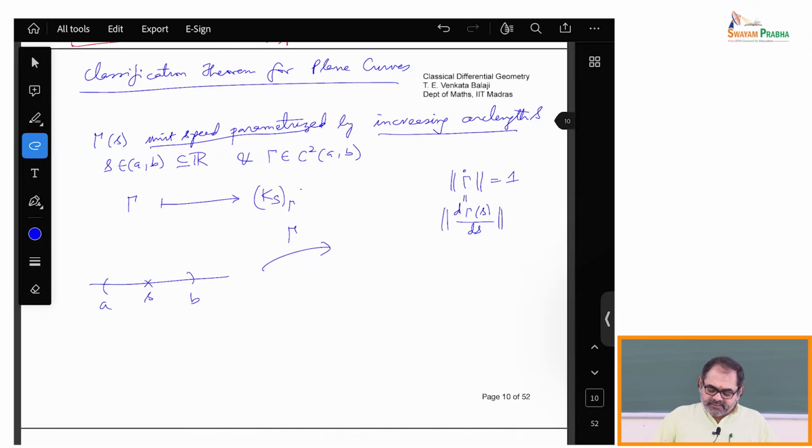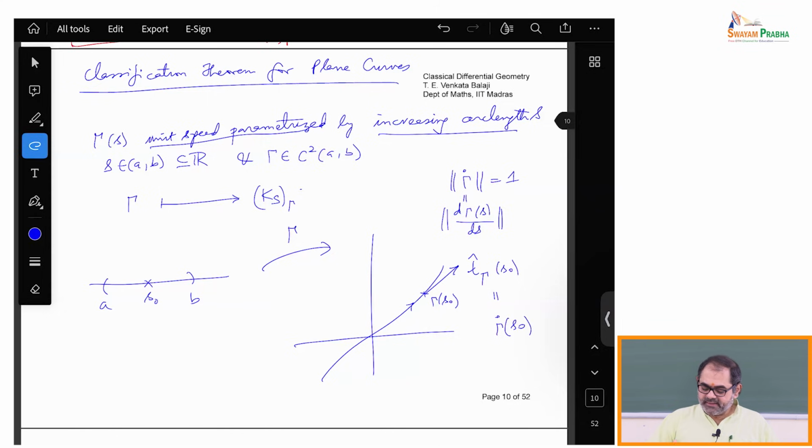And so you have this picture where you have this gamma here, and if you give me a point s0, I am going to get this point gamma of s0. At that point I will have the Frenet-Serret frame. So I will have this T_gamma at s0, the unit tangent vector, which is just gamma dot of s0.